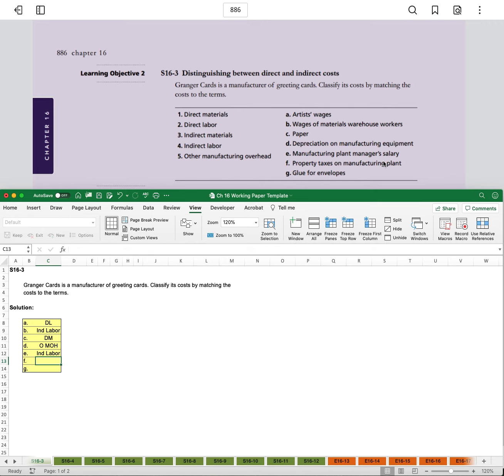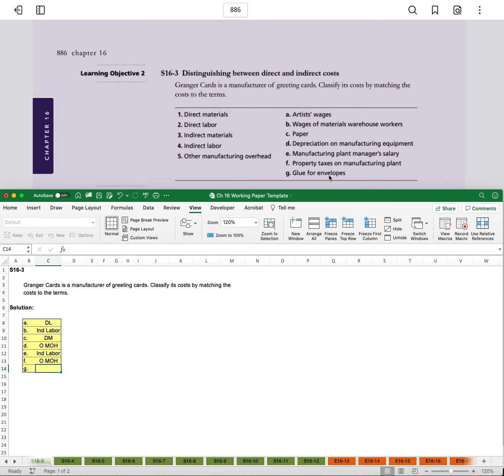Property taxes on the manufacturing plant. Again, it's not materials and it's not labor, so it's going to be other manufacturing overhead. And then finally, glue for the envelopes. And so that is a material. However, it's going to be an indirect material rather than a direct material, because could we identify the cost of the glue for every specific envelope?